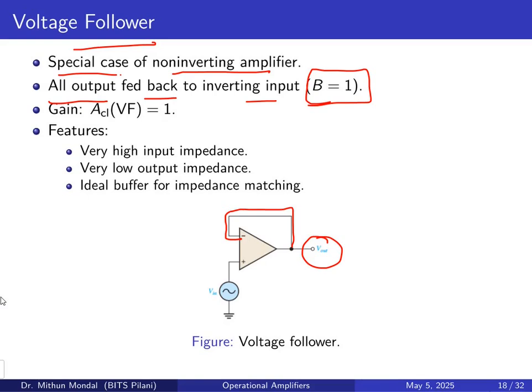This is a special case. The gain of this voltage follower is 1. The features of voltage follower, you have very high input impedance, very low output impedance, and it is an ideal buffer for impedance matching. So such type of application where impedance matching is required, we go with the voltage follower circuit.